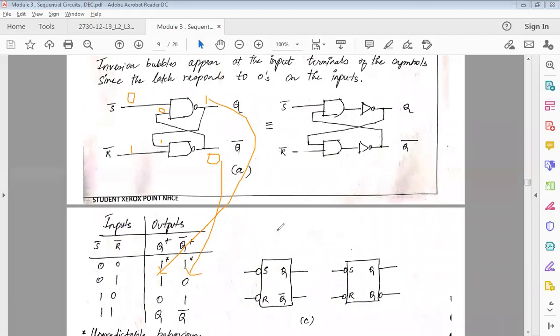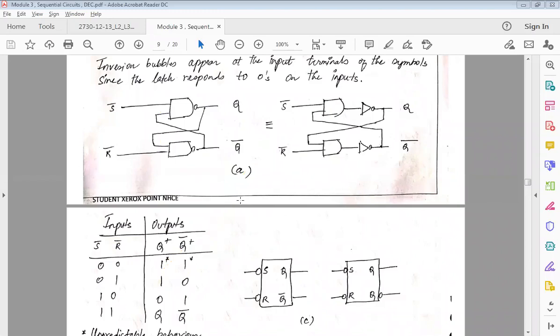So students, you have understood now how we are trying to analyze the circuit. Yesterday also we have seen this, isn't it? Yes, sir. Okay, fine. The same way you can analyze it.